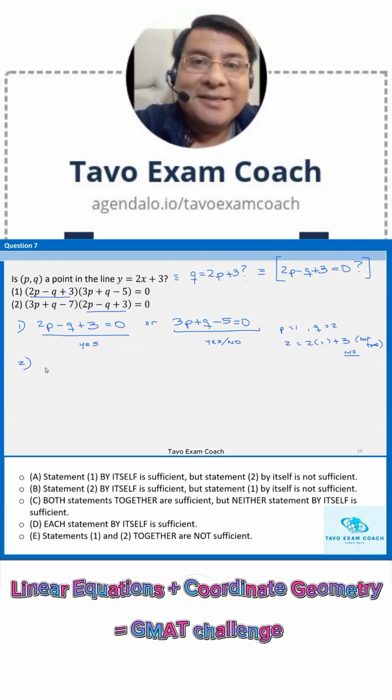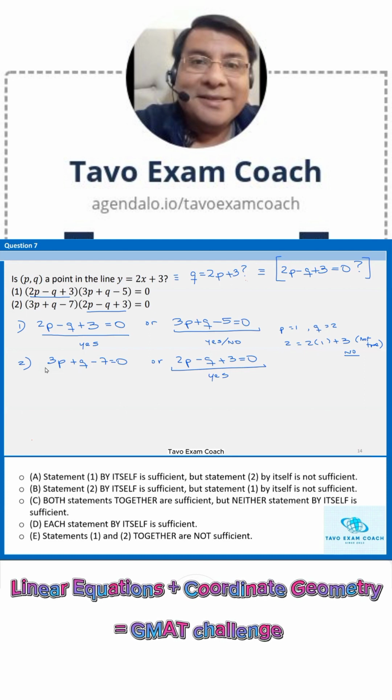Well, following the same reasoning, the second statement means that there is a possibility that 3p plus q minus 7 equals 0, or 2p minus q plus 3 equals 0. The latter case would definitely give us an affirmative answer to the question.